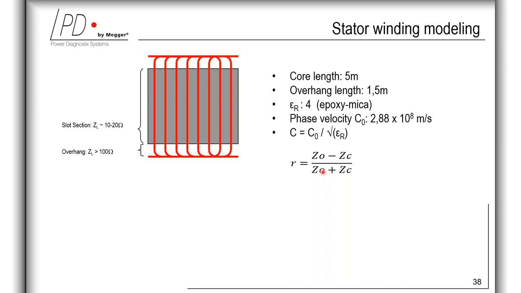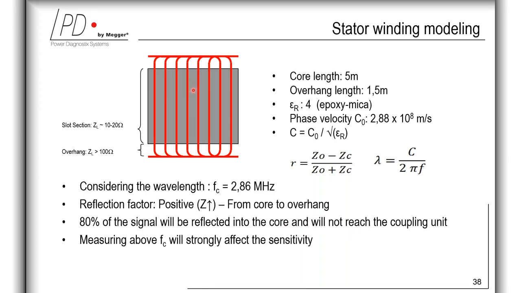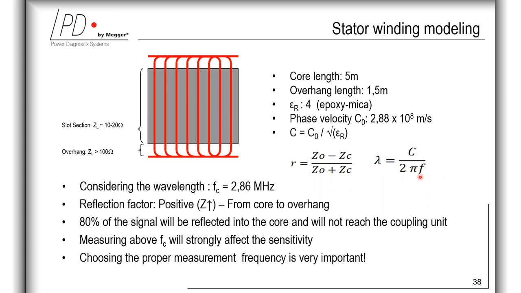So above a certain corner frequency, the high frequency components of an impulse-like signal are trapped within the slot section, and the signal undergoes a positive reflection at each slot exit, meaning that 80% of the signal will be reflected into the core and will not be able to reach the coupling unit. The mentioned corner frequency is calculated based on the formula, which is also a function of the length of the bar.